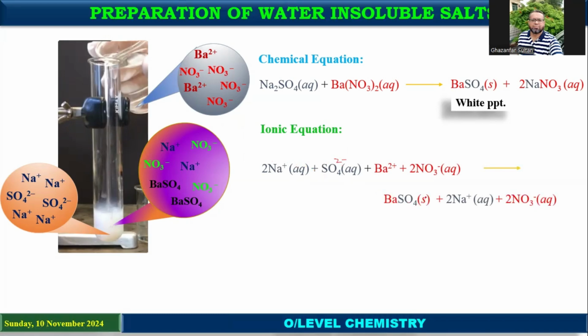These solid white precipitates are obtained, and we can cancel out sodium ions because they are not changing in state. They are spectator ions. Nitrate ions are also spectator ions. So what is remaining? Only the barium and sulfate. So we write barium and sulfate here, and then we obtain these white precipitates.